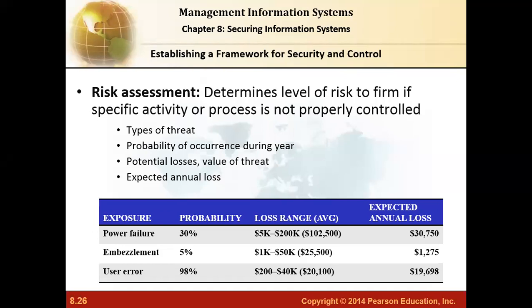So what to do? It means that we have to overcome those problems. If the power failure chance is 30%, how can we reduce it?